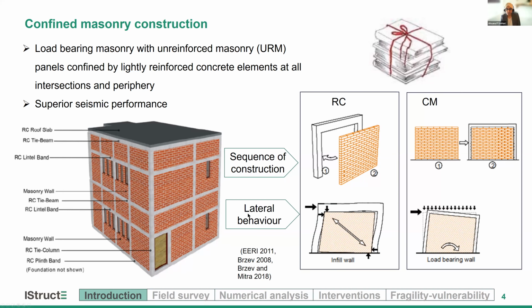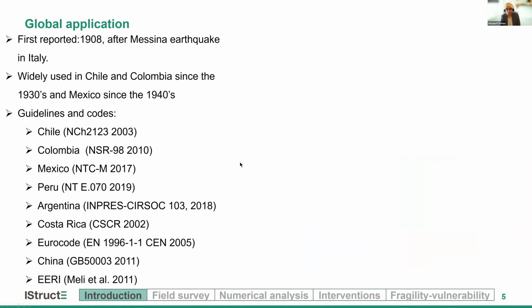And with respect to the lateral behavior, confined masonry is a load-bearing construction. The wall itself is supposed to behave like a shear wall under lateral action, as compared to a strut action in the infill walls.